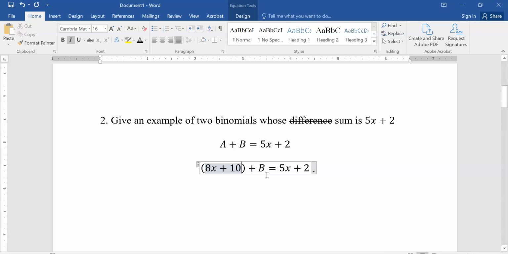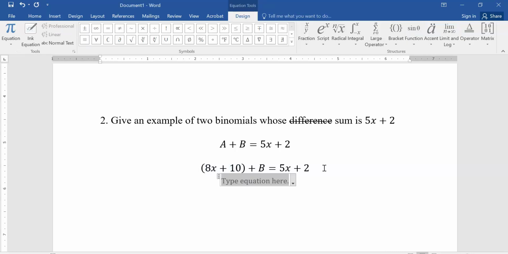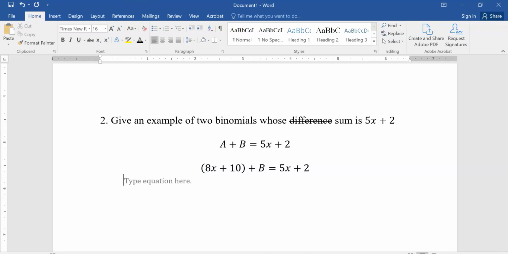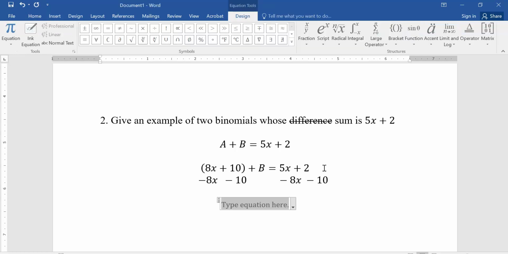Your b would have been different, but that's all right. All right, so what we're going to do, we're going to subtract 8x from both sides. We're going to subtract 10 from both sides. So subtract 8x, subtract 10 on the left, subtract 8x, subtract 10 on the right. You end up with, on the left-hand side, just b. On the right-hand side is a negative 3x minus 8.